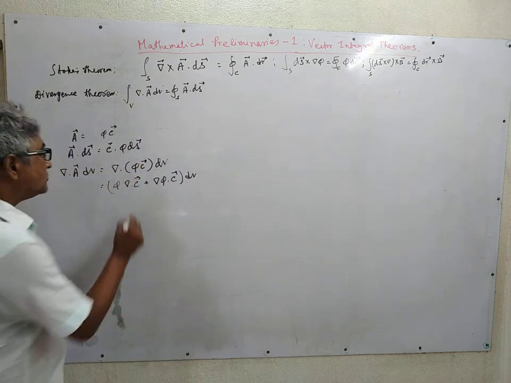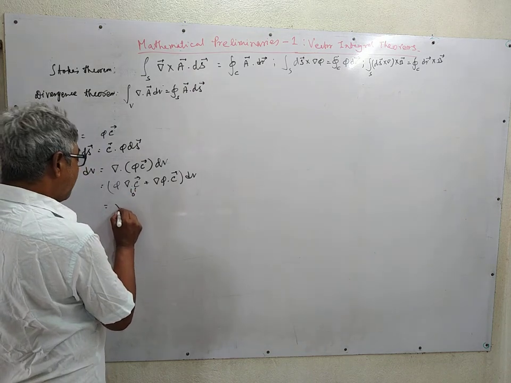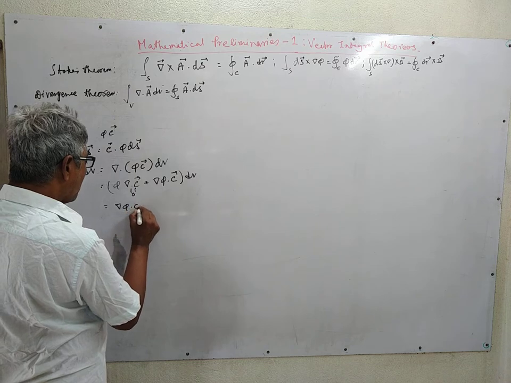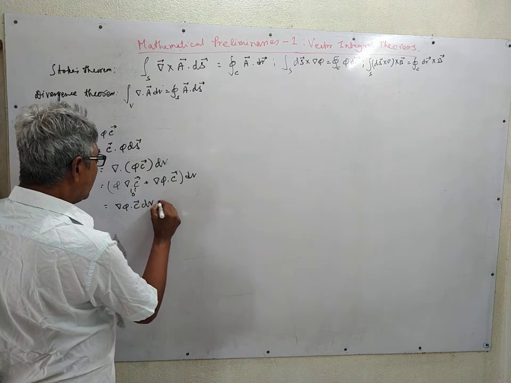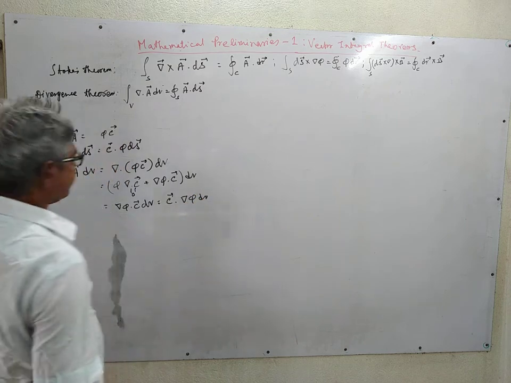Since C is a constant vector, this is 0, and we have grad phi dot C dv, which can be written as C dot grad phi dv.